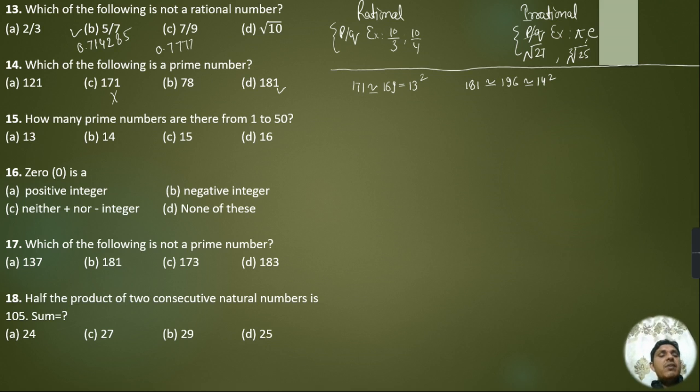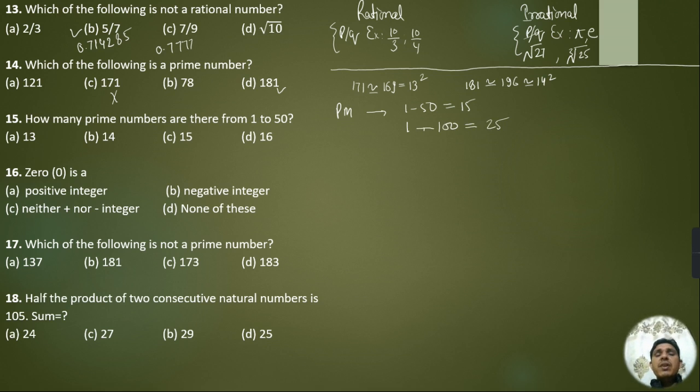Next thing that we have in question number 15, how many prime numbers are there from 1 to 50? So students, we should know that the number of prime numbers from 1 to 50 is 15, right? And if we check for 1 to 100, the number of prime numbers is 25, right?